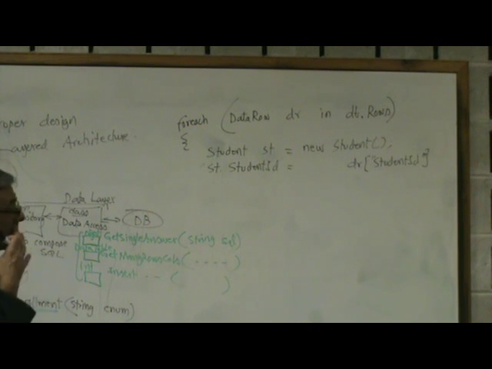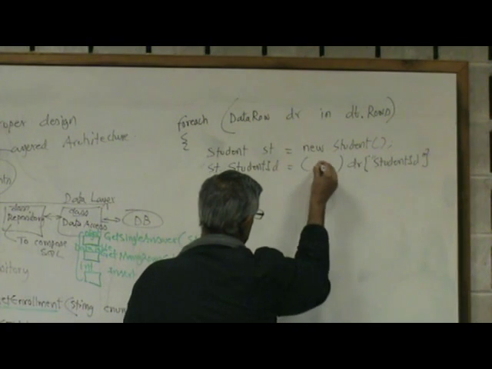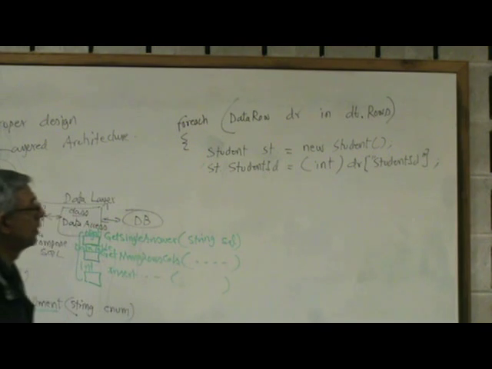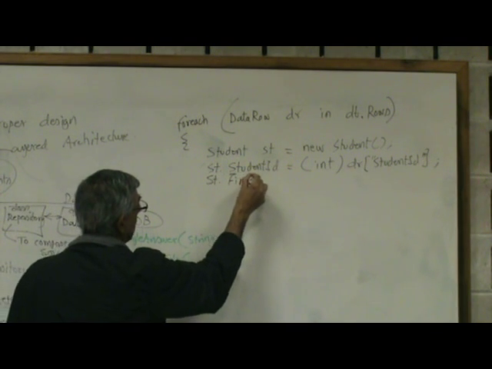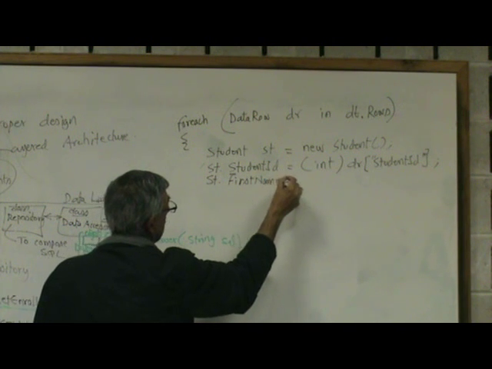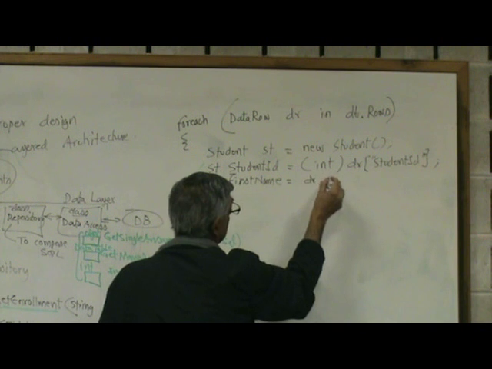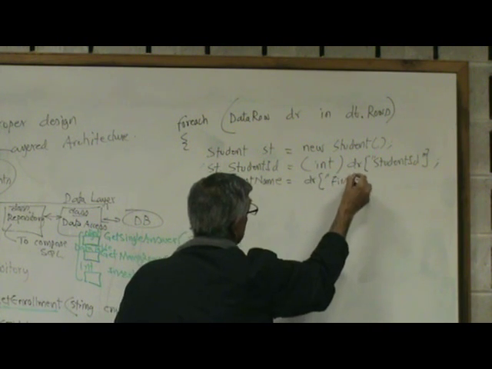So we have to typecast it to, for example, an int before we store over here, right? And then very similarly, we can go first name equal to. You have two options. You can typecast it to a string, or you can also do toString on it.